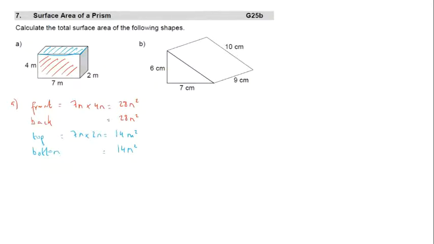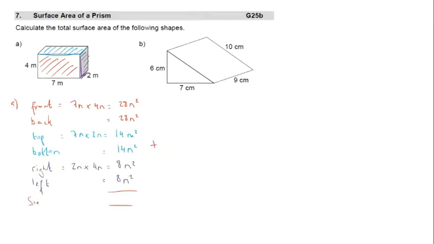and then all that's left then is, should I do it in purple maybe? Yeah, the sides, okay, so I call that the right hand side. It's a rectangle again, and it's 2 by 4. So 2 meters times 4 meters, that's 8 meters squared, and the left is the same. Remember the final step now for the surface area is to just add all these up, find the total.